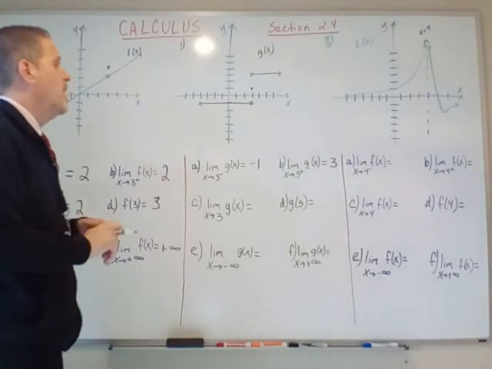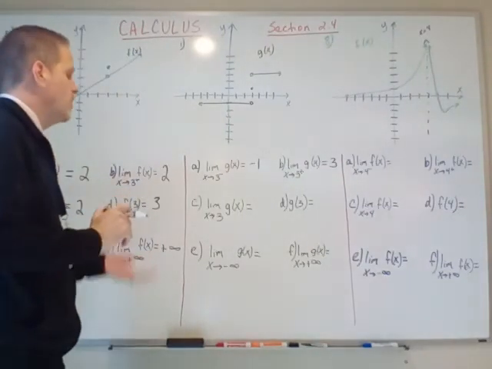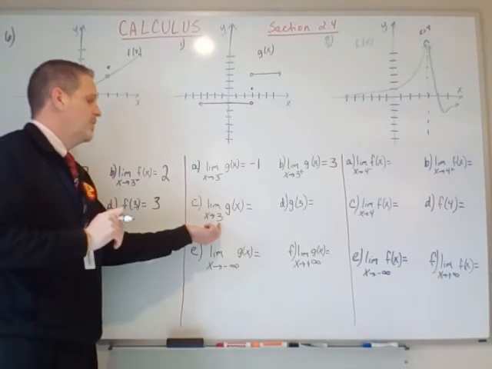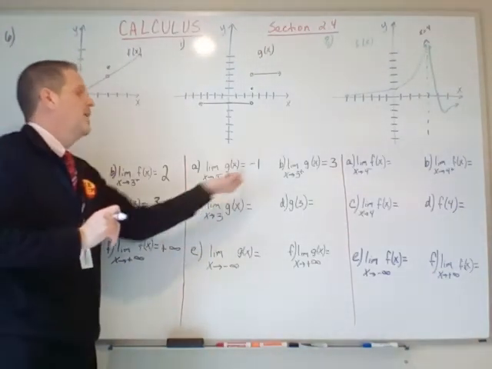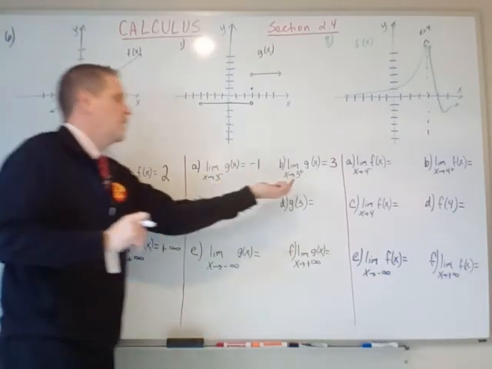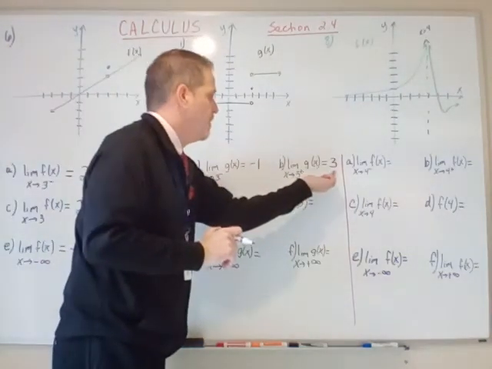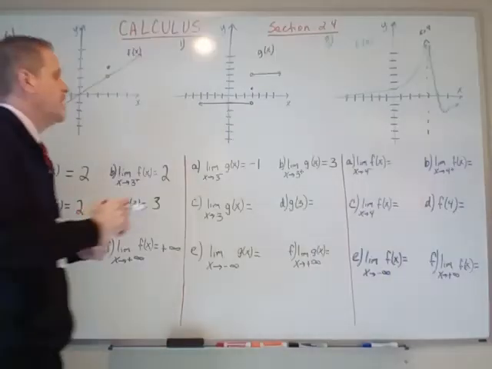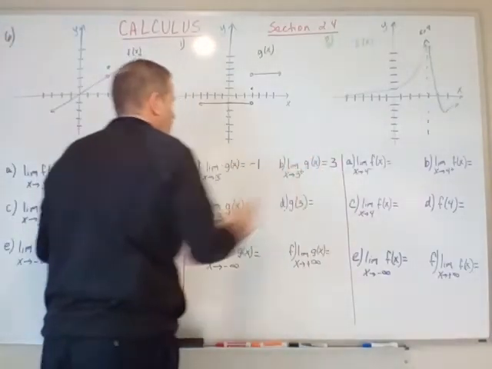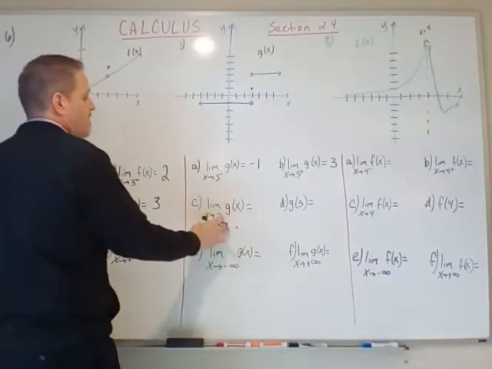Just as before, the only way a double side limit at a real number value can exist is if the left side limit equals a real number, the right side limit equals a real number, and those real numbers equal one another. In this case, they do not, so this double side limit does not exist.